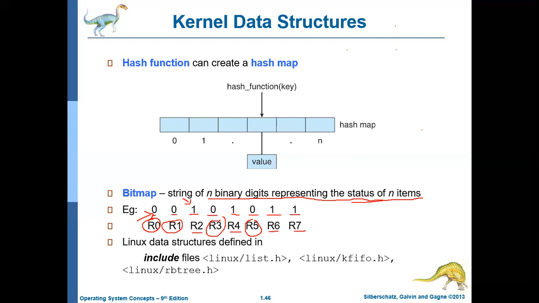So this type of data structure is called a bitmap. Basically, a bitmap is a data structure which maintains a collection of n binary bits, and each bit represents whether a resource is being used or not.